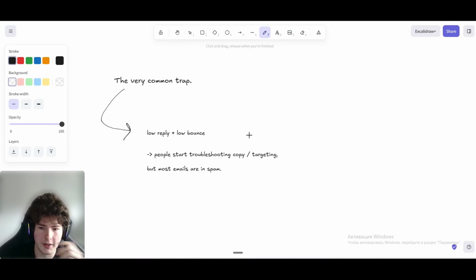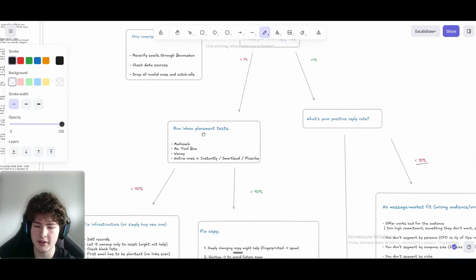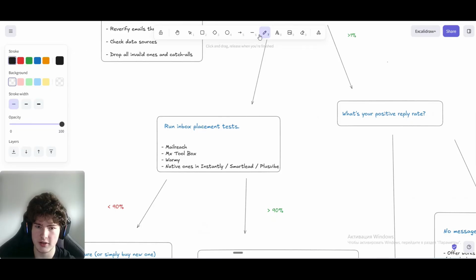But most of the time, from the data that I see, most emails are just landing in spam, right? That's why I want to emphasize that you should run an inbox placement test first. It's a very important part, and do not stop doing that.